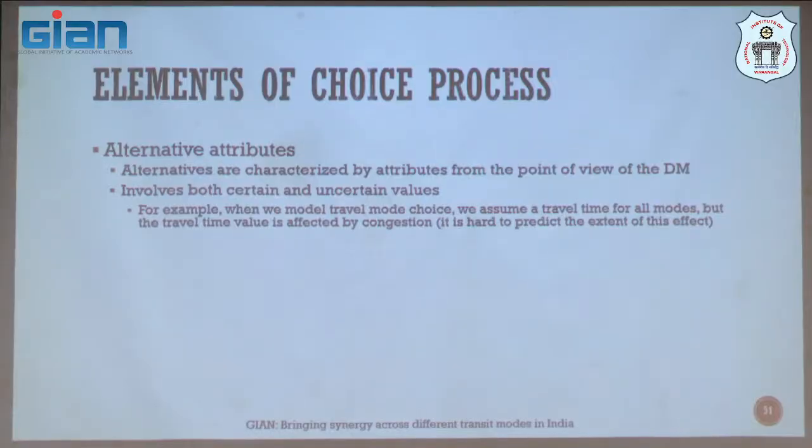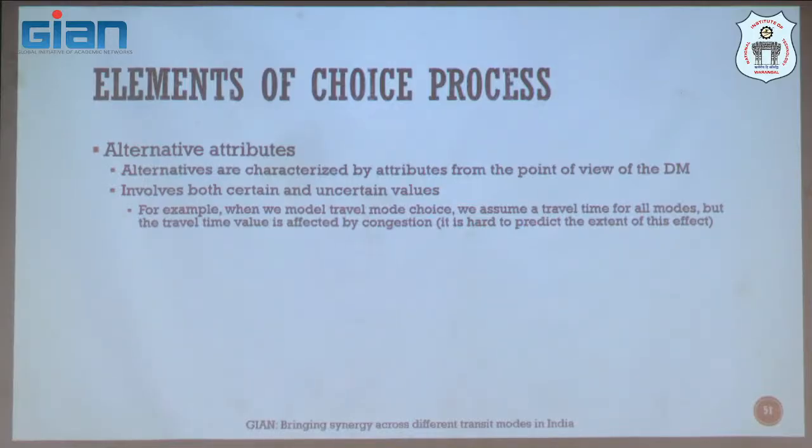Whatever was the experienced travel time was what we experienced. But even when that information is available, the time provided in Google Maps or any of these apps might not be the actual time you experience, because there could be an accident just before you go. Sometimes it can be more, sometimes less. So there is uncertainty associated with the value.